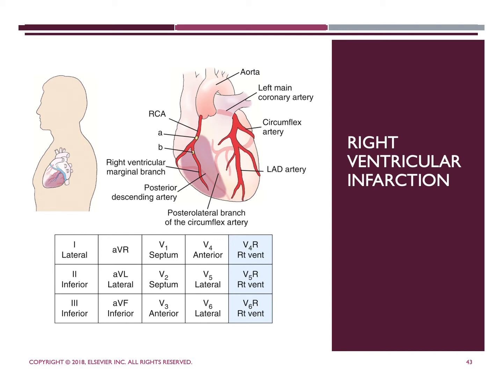However, the CX, or circumflex artery, supplies a significant proportion of the right ventricle in about 10% of patients. Although the RVI may occur by itself, it has been estimated that about 1/3 of patients with inferior MI experience an RVI.